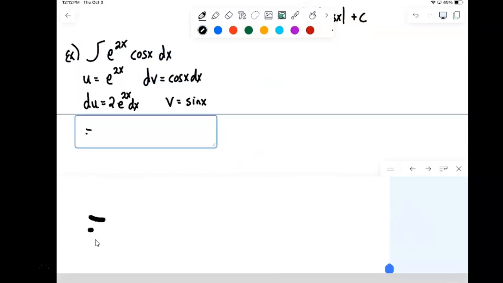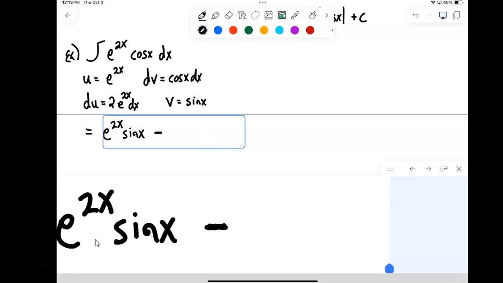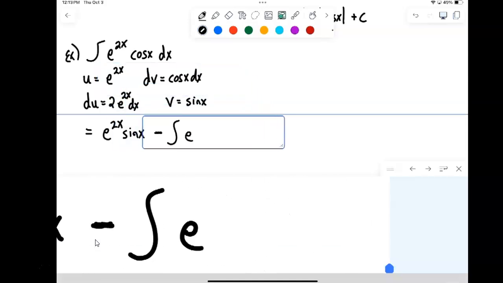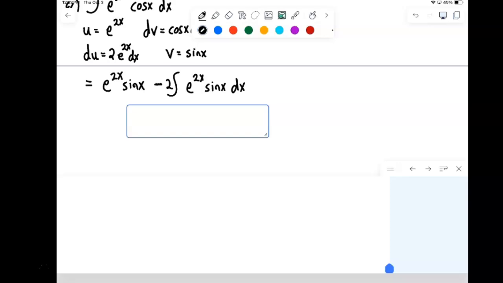This would be uv, so e to the 2x sine x, minus the integral of v du, so minus 2 times the integral of e to the 2x sine x dx. And so once again, we're faced with an integral we can't do. So we apply our integration by parts once again.